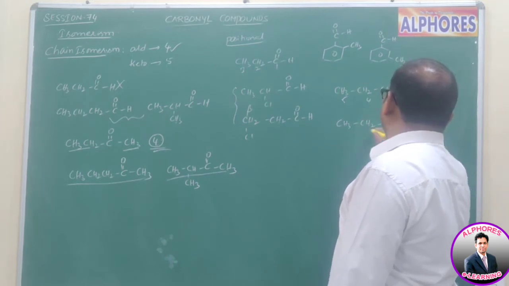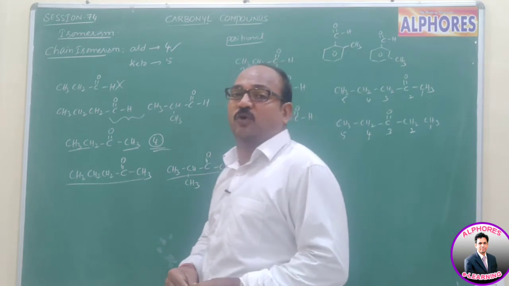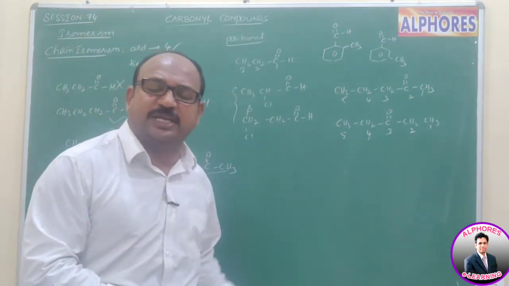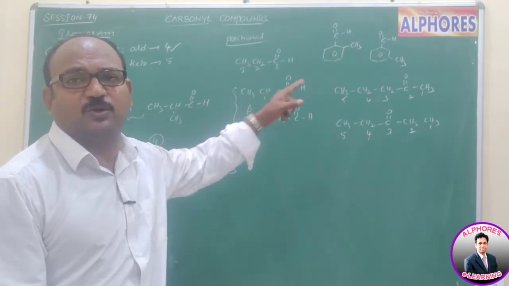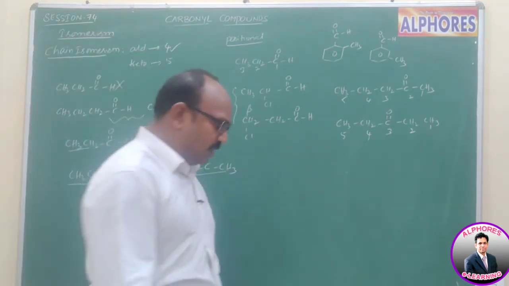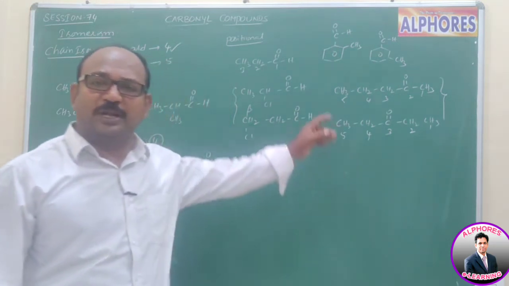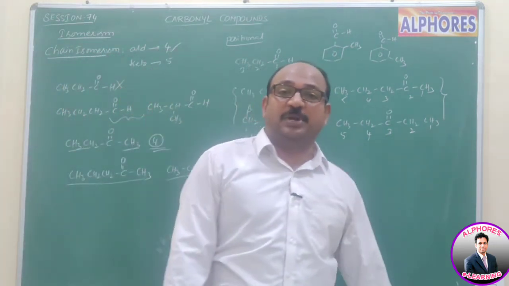Here it is 3-pentanone. 2-pentanone and 3-pentanone both have the same number of carbon atoms in the long chain, but the C double bond O group position varies from second to third. That's why we can say these two are positional isomers. Remember this example, we will talk about it later. Chain isomerism and positional isomerism are completed.